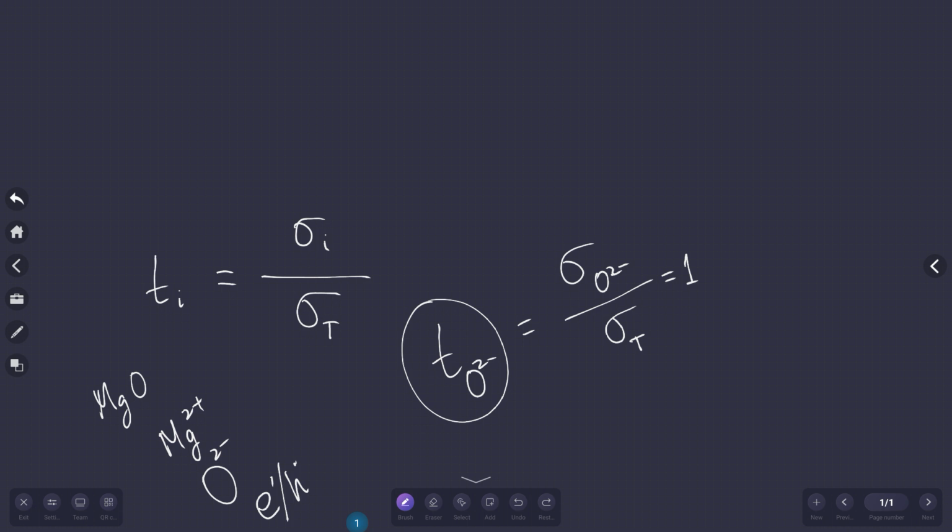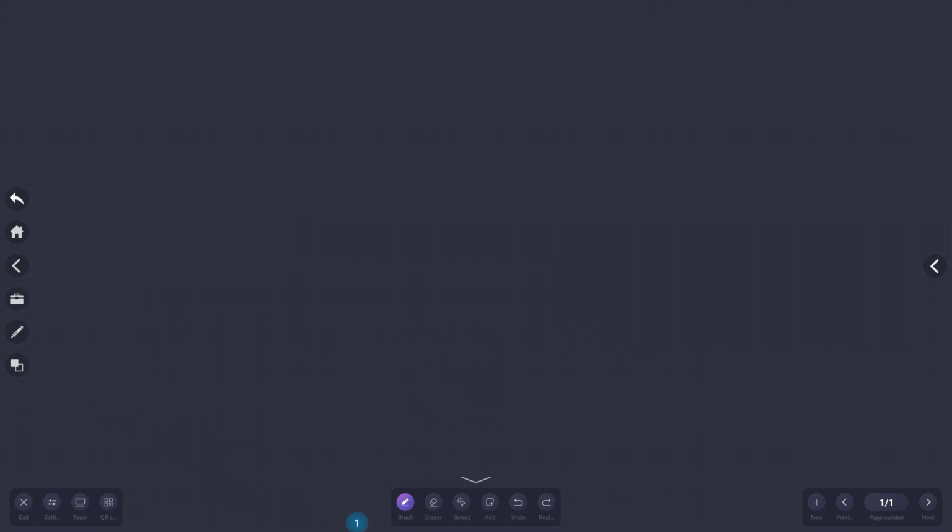You can see that given the electrical conductivity, if I plot now that oxygen ion transport number as a function of, I think, logarithm of PO2.